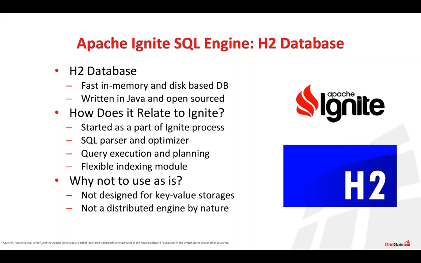And finally, H2 database is not a distributed engine, which means that if you want to execute an SQL query over a number of nodes of your cluster, then H2 database won't be your case. H2 won't be able to execute queries on all the cluster nodes that are available.